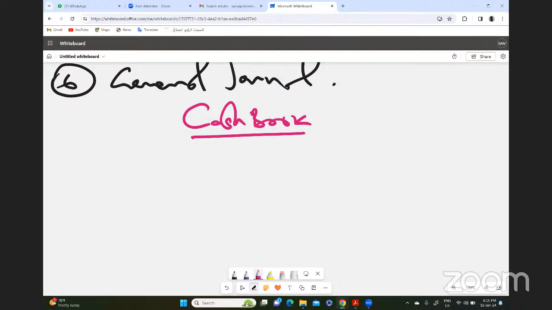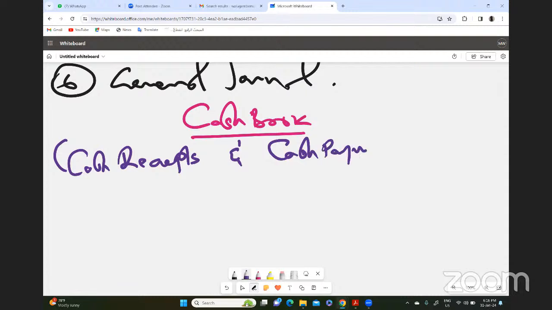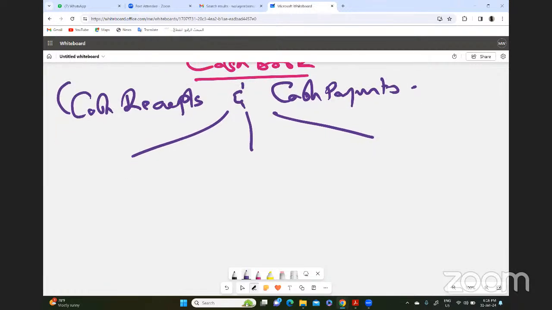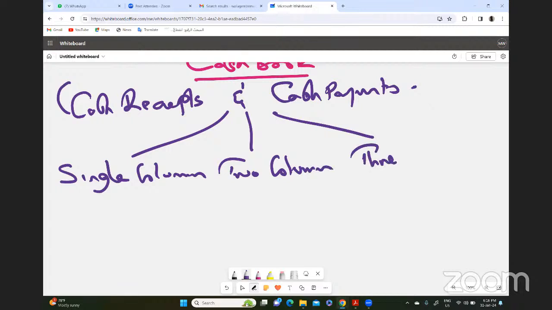We say that a cash book specifically records cash receipts and cash payments. It can either be single column, two column or double column, and then three column.